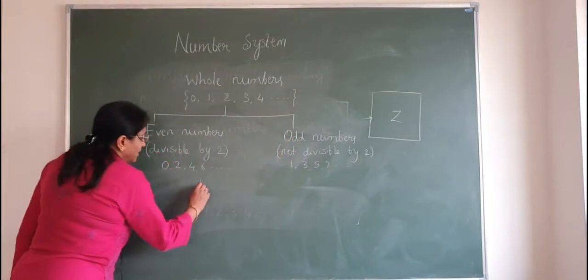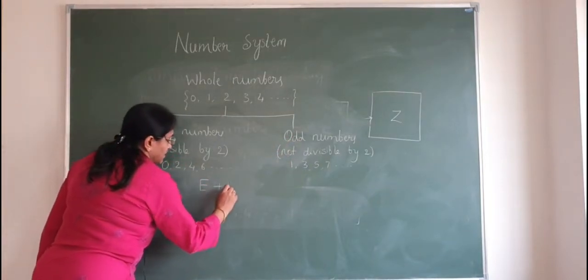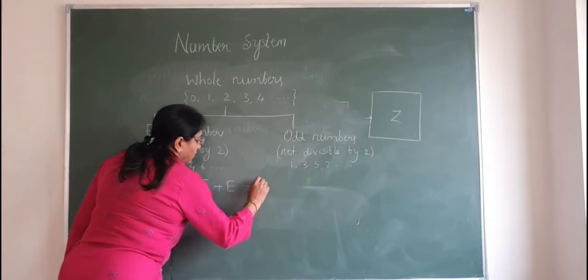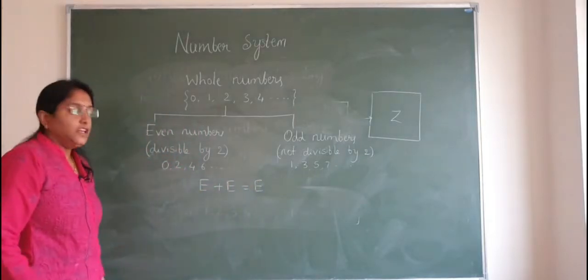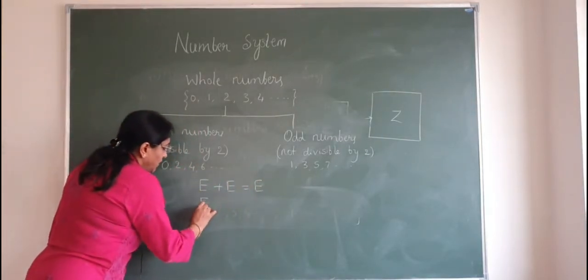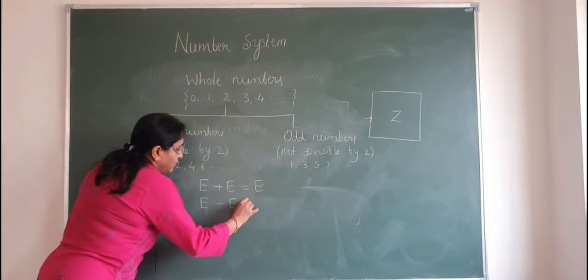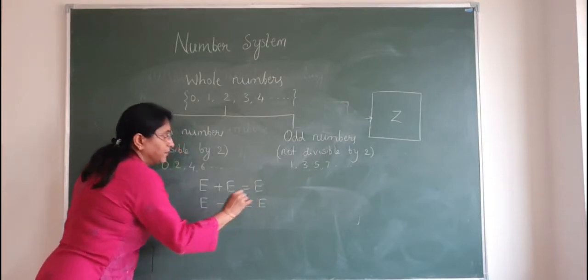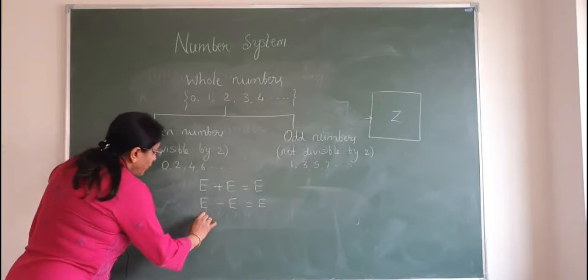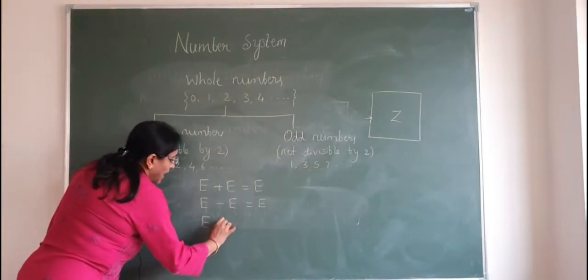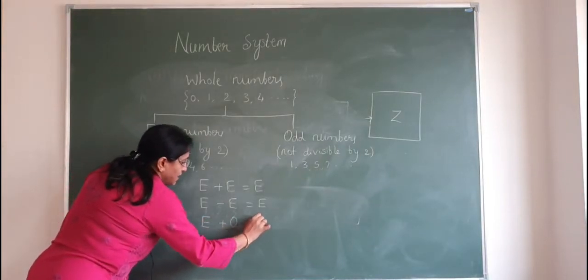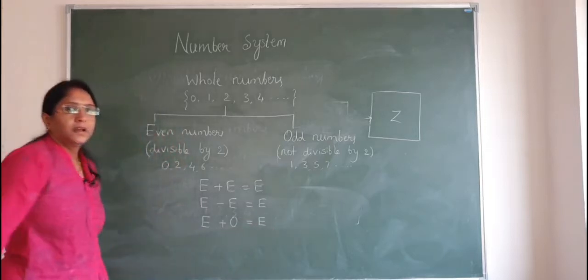If we add two even numbers, we get an even number only. If you subtract two even numbers, again we get an even number. Next, if you add an even number and an odd number, we get an odd number. Even plus odd is always odd.